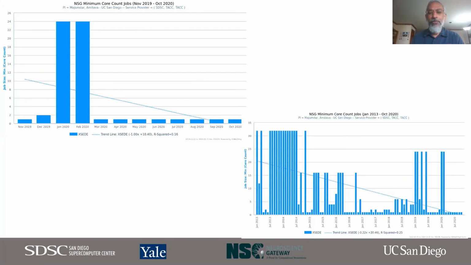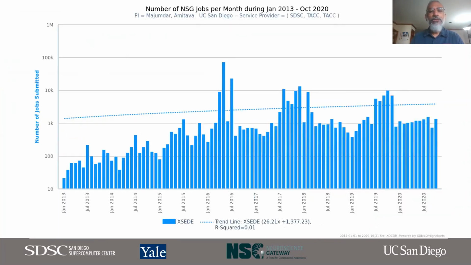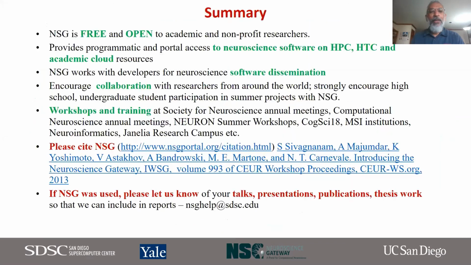And the plots before show that computational neuroscientists have been running bigger and bigger models. This shows the number of jobs that ran on NSG since January 2013. You can see some months there were 70,000 jobs run, but typically a few thousand jobs run a month.